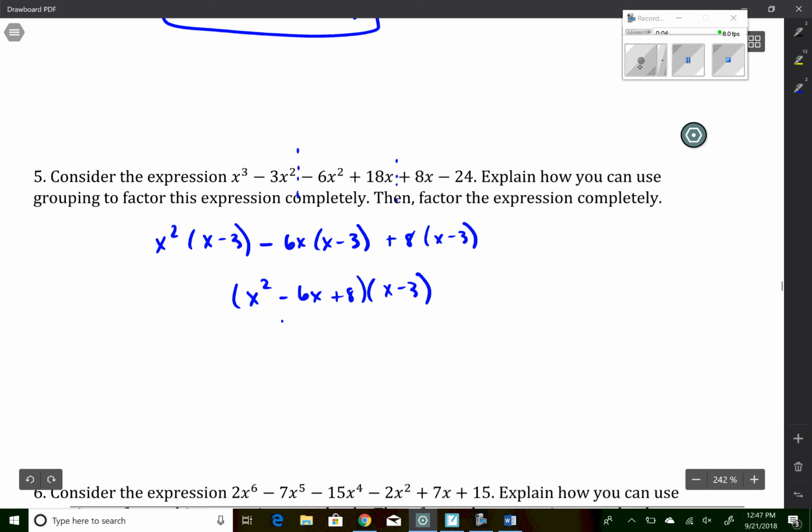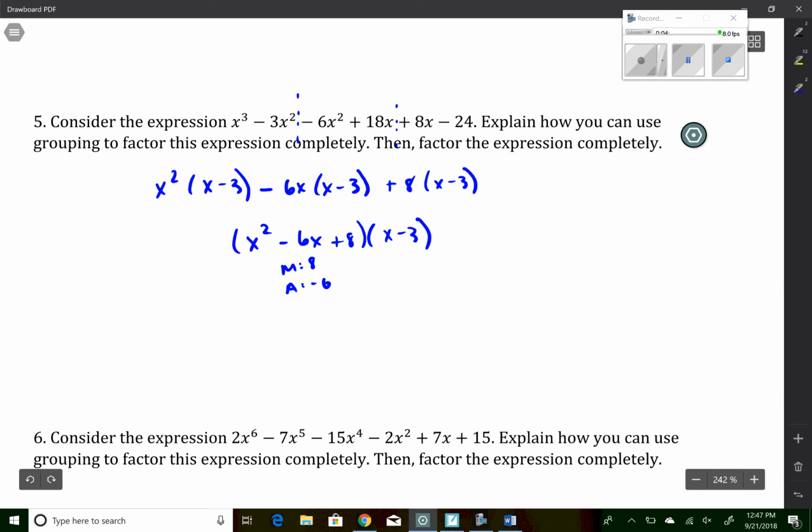Can I still factor? Well, it multiplies to make 8, but adds to make negative 6. I don't have to do the breaking apart of the middle term here because the coefficient on x squared is 1. So I can just rewrite this as x minus 2, x minus 4, because that multiplies to make 8 and adds to make negative 6, and x minus 3.